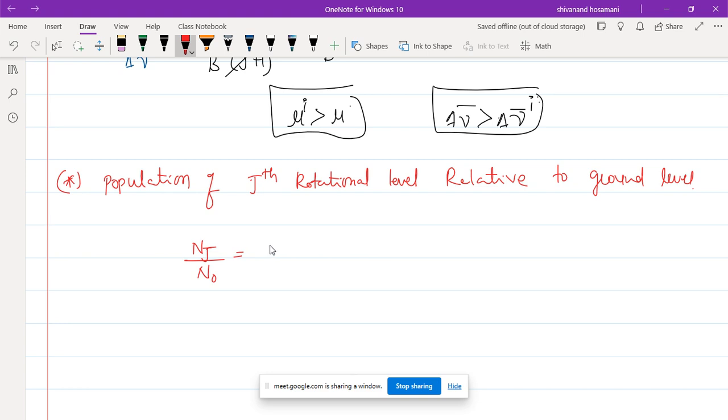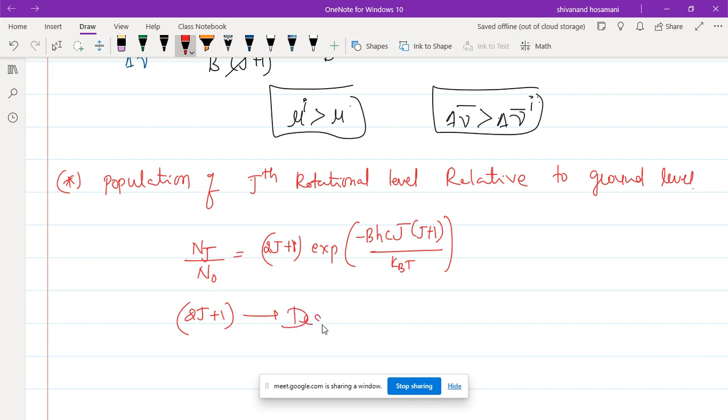That is equal to 2j plus 1 times exponential of minus Bhc into j plus 1 divided by kBT. Here 2j plus 1 is nothing but the degeneracy of the jth level. Okay.